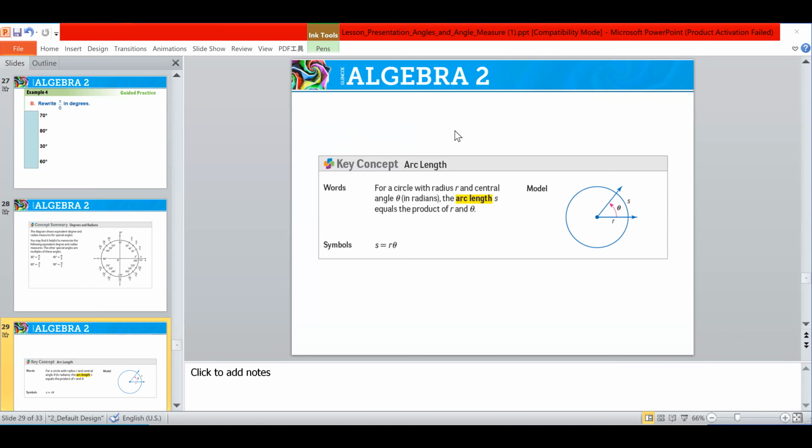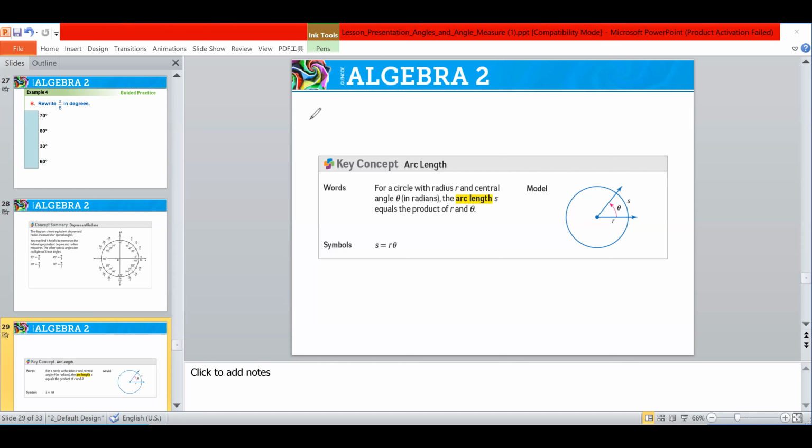Pay attention with me in the second idea. In the second idea, we talk about the arc length. As you see, the arc length is a part of a circumference, a part of the curve.